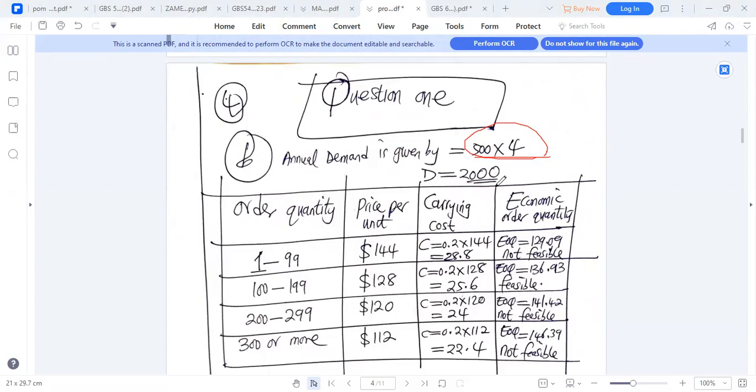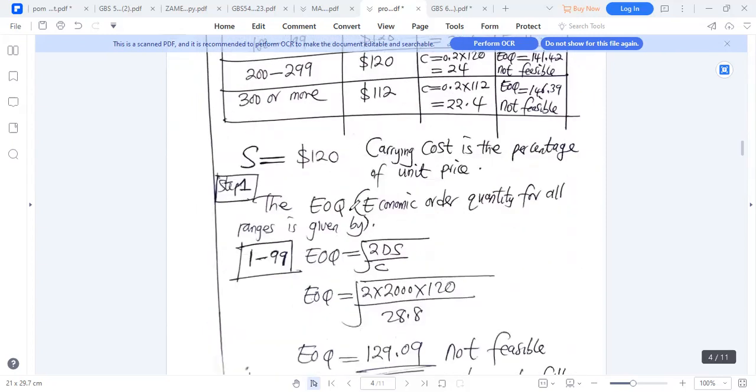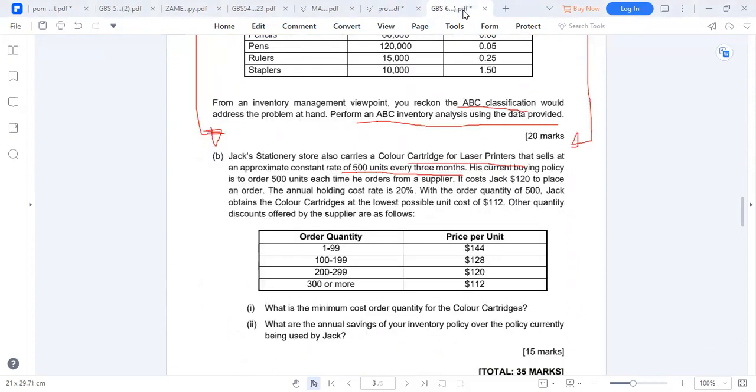So we're finding the EOQ for all ranges. The ordering cost was 120 from the question.